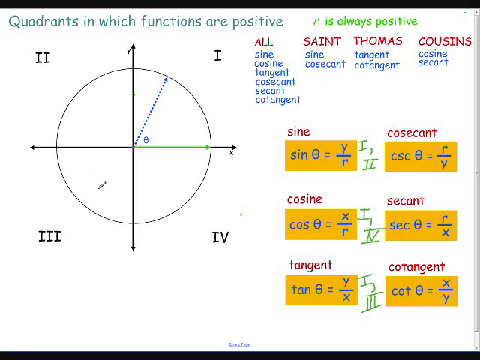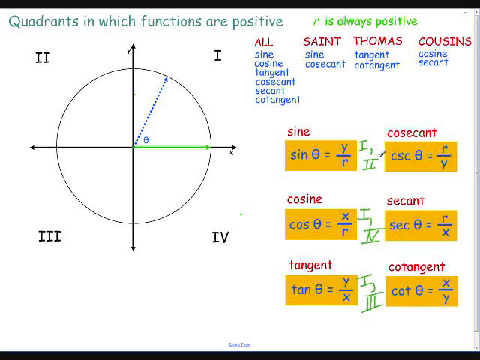Tangent and its reciprocal in the third. Cosine and its reciprocal in the fourth. You might want to remember it this way: all St. Thomas cousins. Would that help? All St. Thomas cousins, when you try to remember which are which.